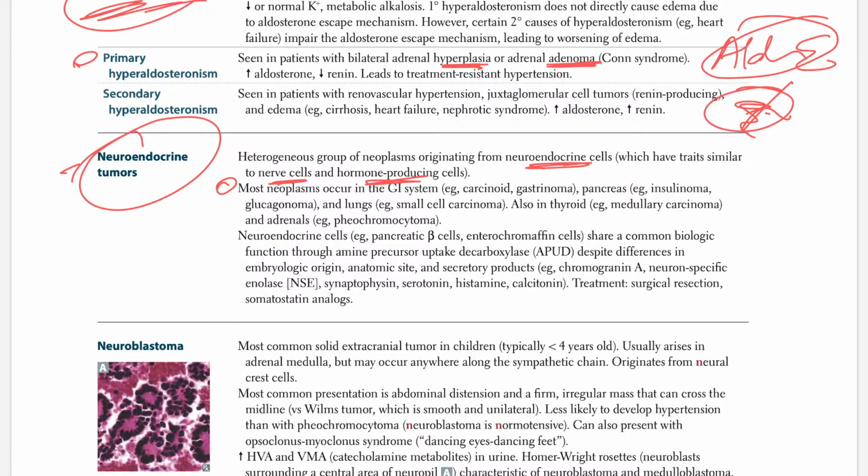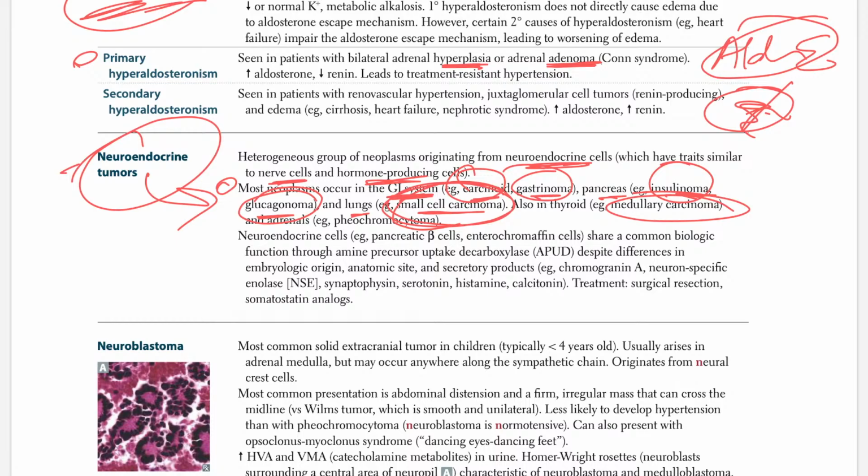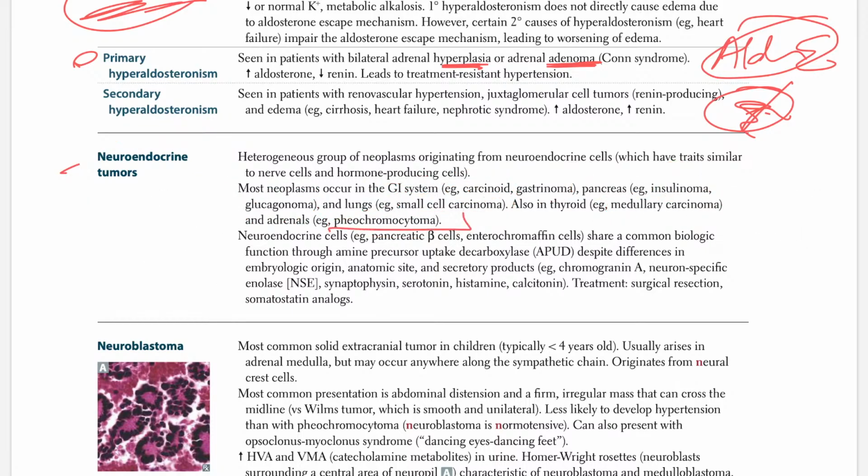Most neoplasms occur in the GI system, for example the carcinoid and the gastrinoma. In the pancreas, insulinoma, glucagonoma, and in the lungs, there's small cell carcinoma. Look at all these neuroendocrine tumors: carcinoid, gastrinoma, insulinoma, glucagonoma, and small cell carcinoma. Also, the thyroid medullary carcinoma and adrenal pheochromocytoma. Wow, amazing.